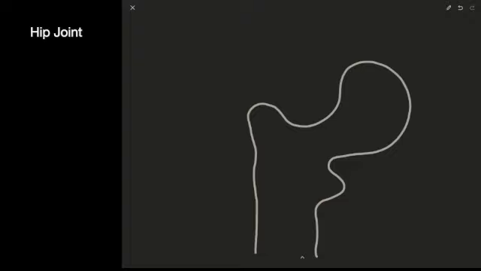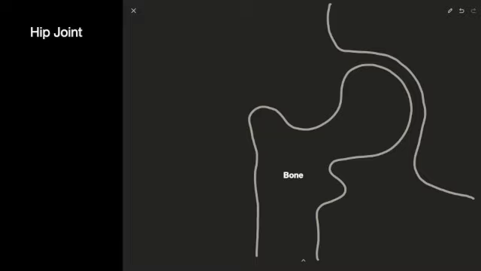Let's now have a look at the different conditions. So this is a schematic drawing of the hip. What I outlined here is the bone. So this would be the proximal part of the femur and the acetabulum.